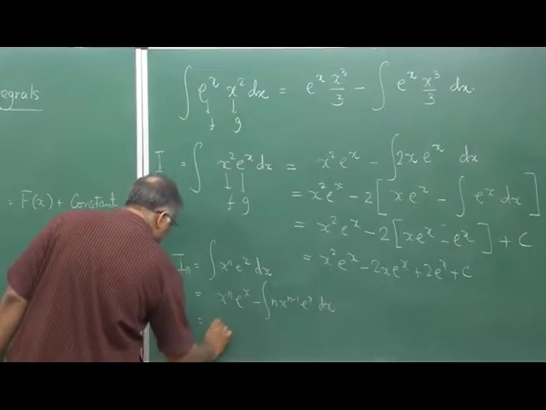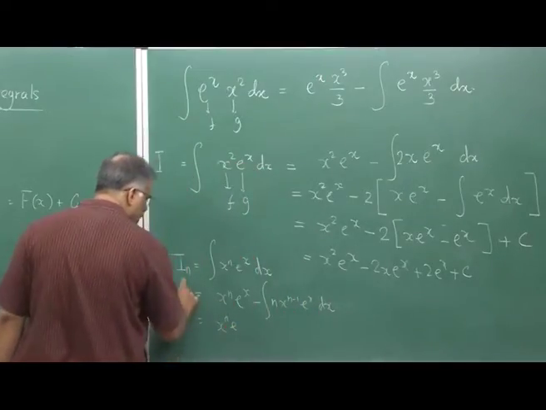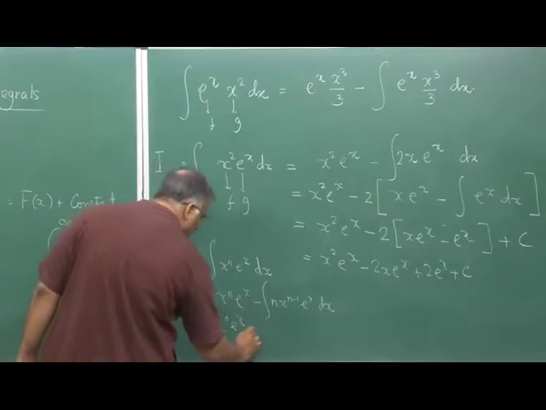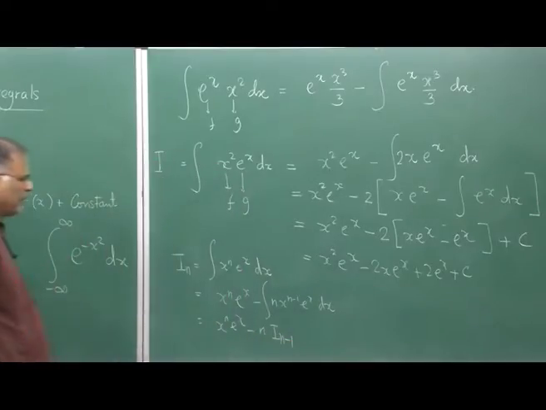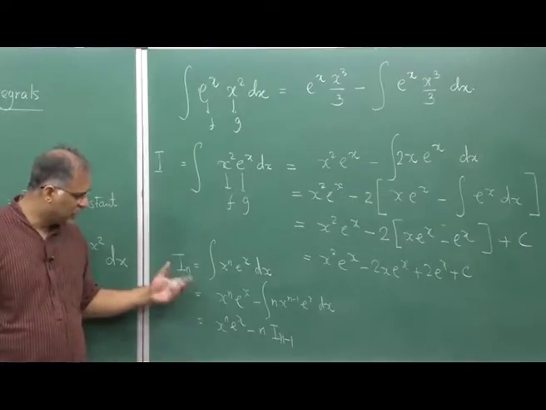So, I can write this as x^n e^x minus n times I_{n-1}. So, here is a recursive relation.